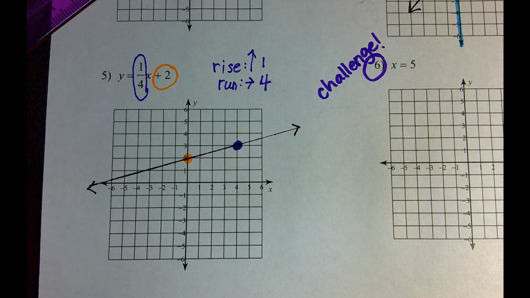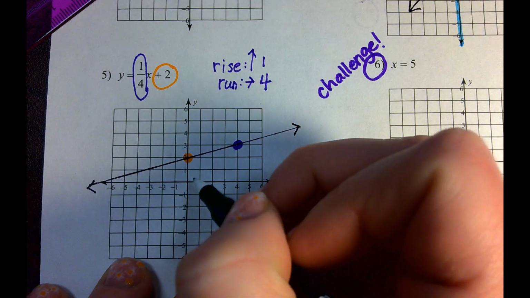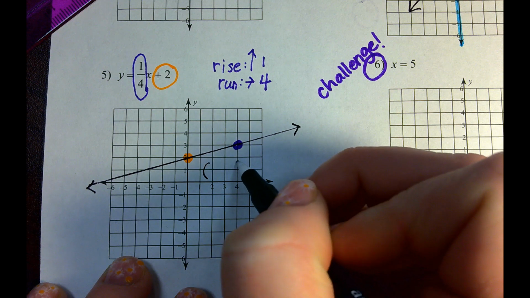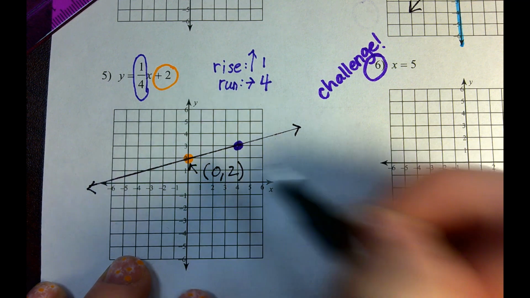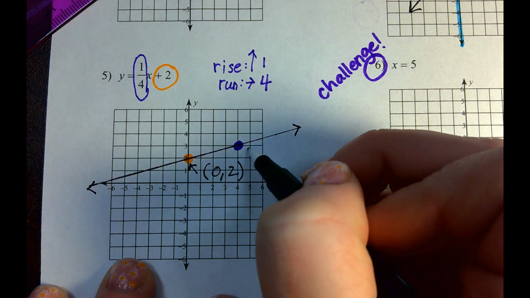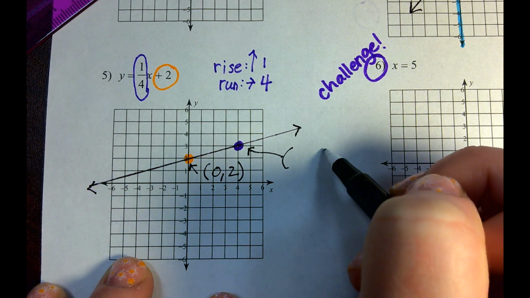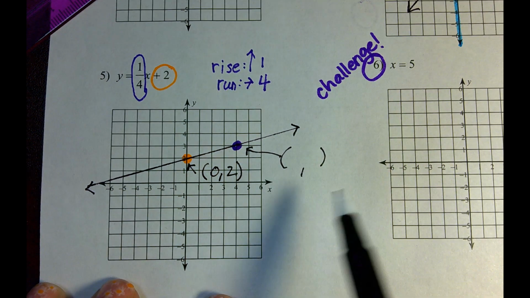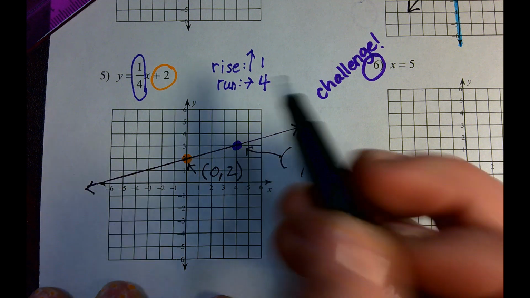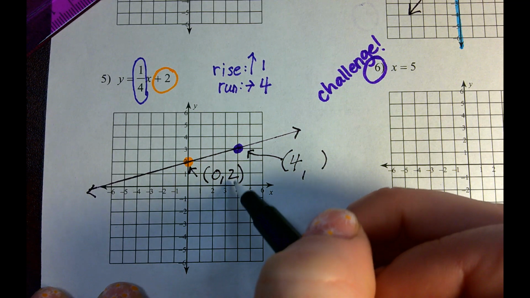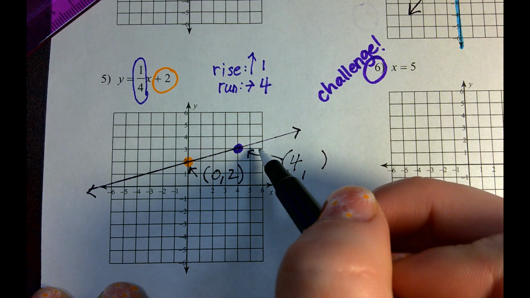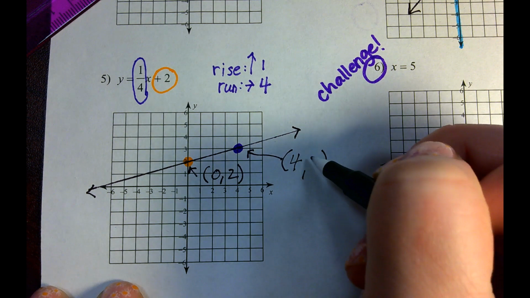Okay. So what would the coordinate be for our first point? Perfect. 0, 2. And how about the second one? 4 for our x, correct. And what would our y value be? 3.